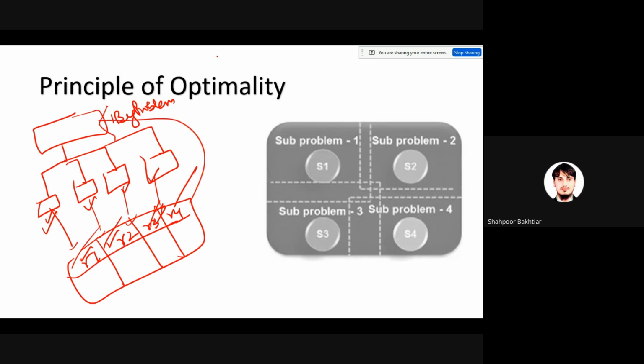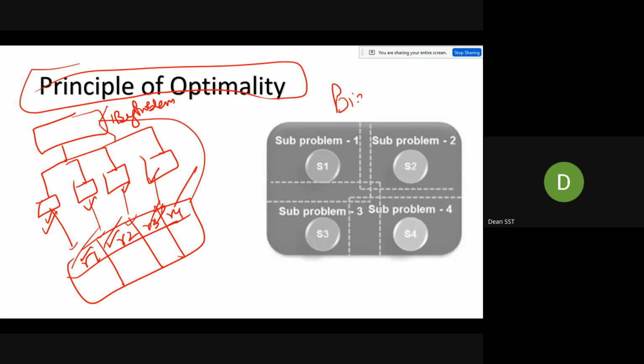This is like the divide and conquer approach in algorithms. And these problems may be overlapping in nature. For example, we have a big problem and we have divided it into 4 subproblems.